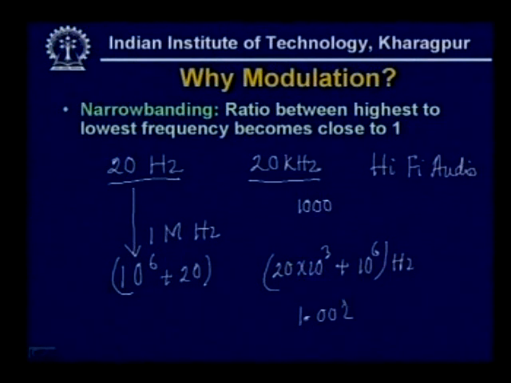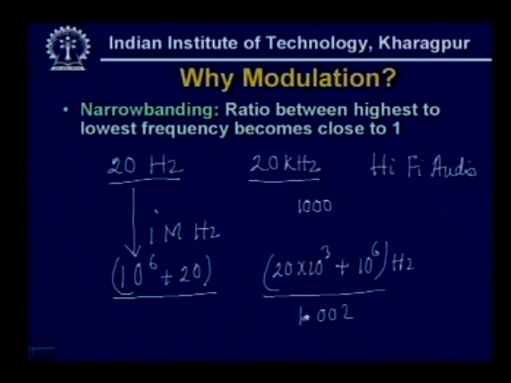That means, if you design an antenna for the highest frequency, it will be able to send the lowest frequency very easily, because the ratio between the highest and lowest frequency is only 1.002. In other words, a single antenna will be able to transmit both frequencies efficiently and effectively. This process is essentially narrow banding.